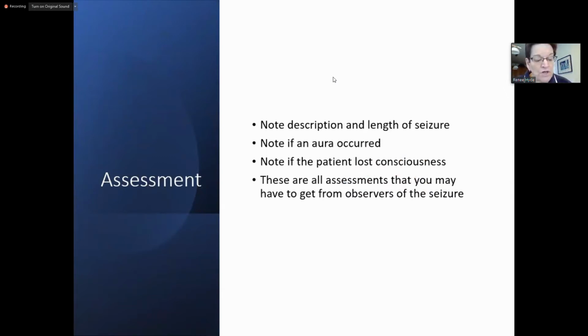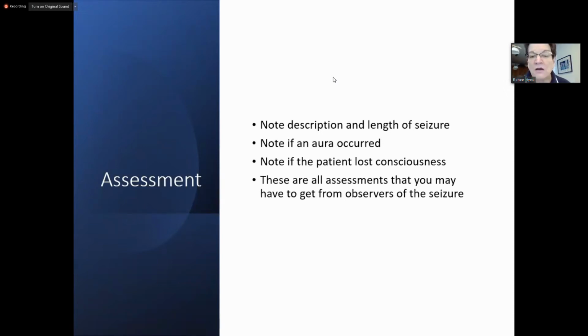Now, when you're talking about care of patients with seizures, as a nurse, you have two jobs and two priorities. Observe what happened and protect that patient, okay? So observe and protect is going to be your motto.